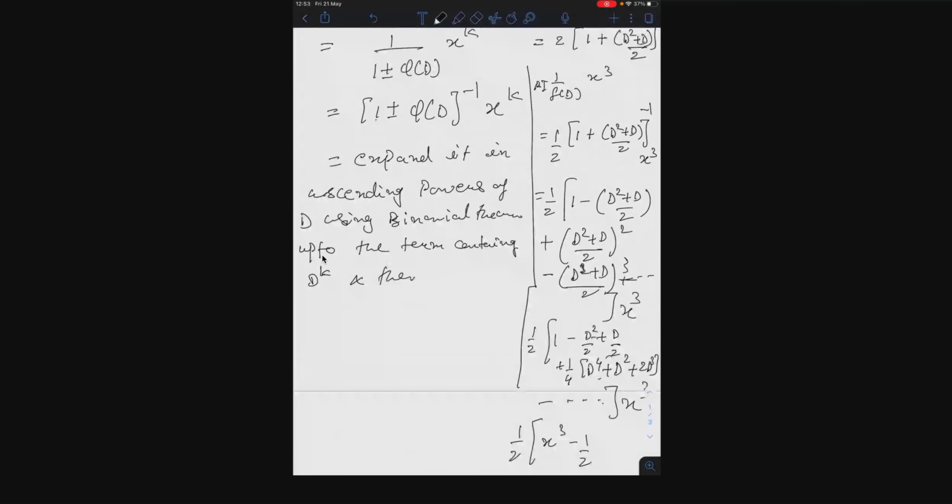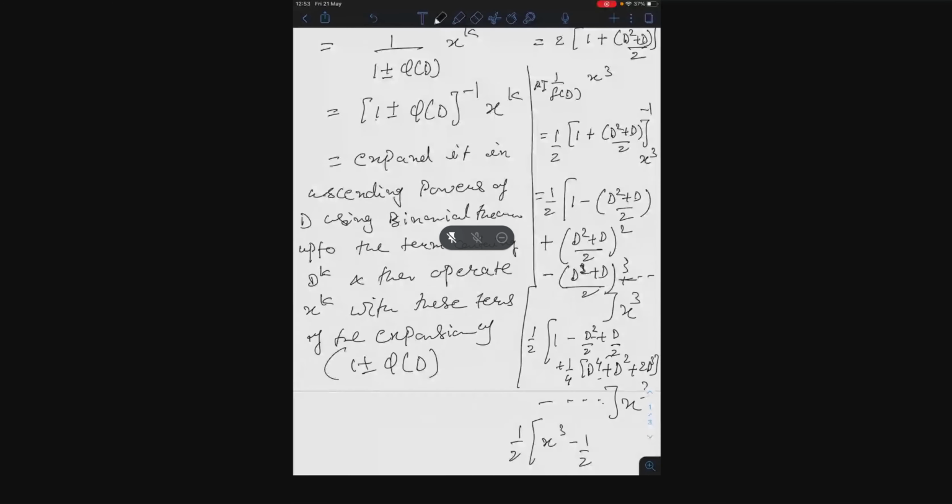And then operate x to the power k with these terms of the expansion of 1 plus or minus phi of d whole to the power minus 1. Understood now?